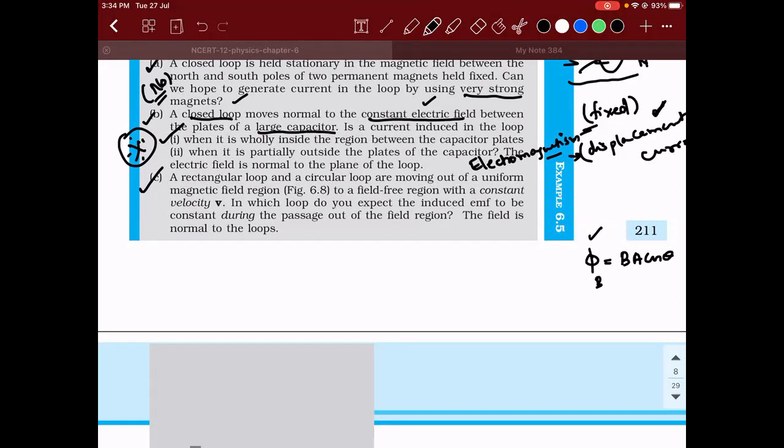Okay, here, look at the way I'm reading the question. There is a rectangular and a circular loop. Both are closed surfaces. That's what I understand. Are moving out of a, so whenever there is a loop, even before I see the diagram, I can tell that whenever a loop is moving out of a magnetic field, is the flux going to decrease or increase? Decrease, sir. Decrease. Even before we draw the diagram, we can know.